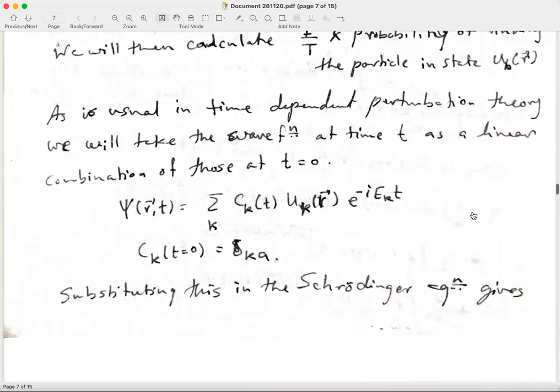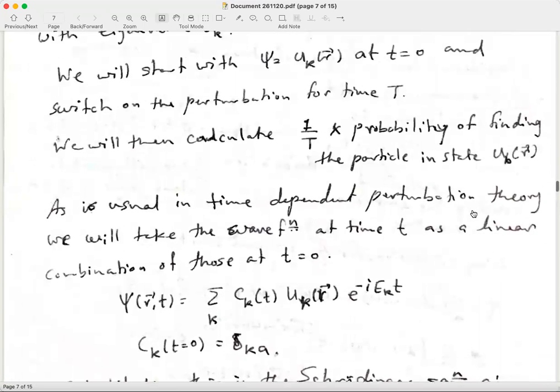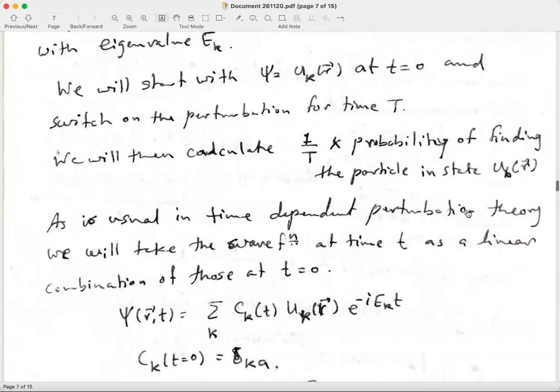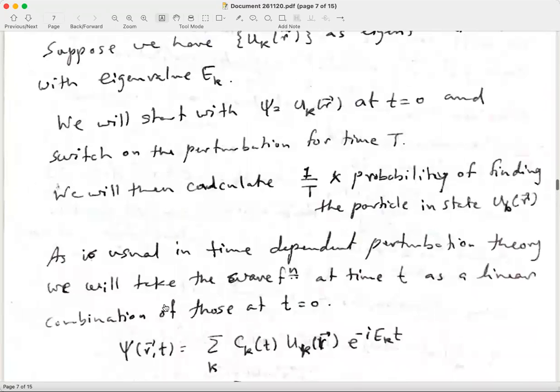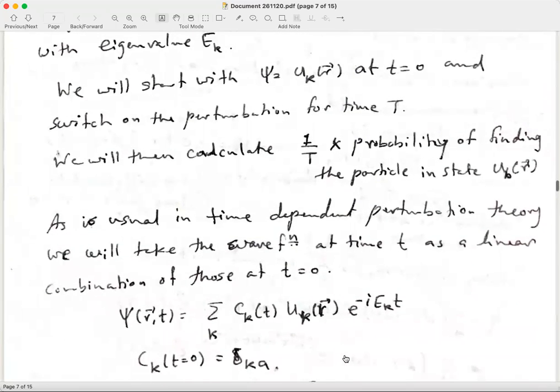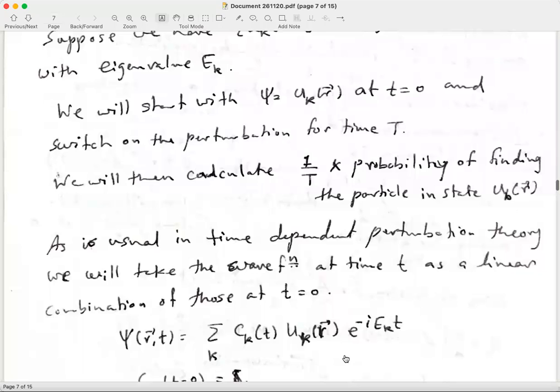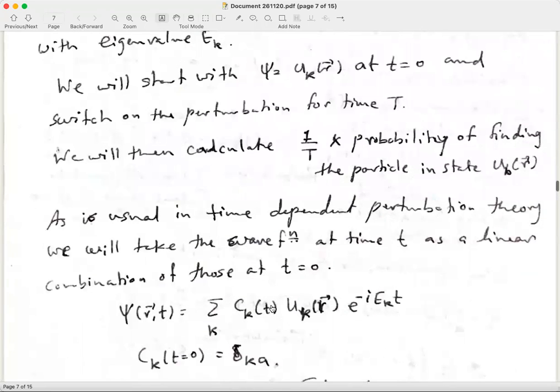Now, what we are doing really here is that we want to write down this wave function as some arbitrary linear combination of the wave functions. That is how we normally do time dependent perturbation theory. But if you want to start with one specific wave function, then all one is saying is that at time t equals 0, this c_k is non-zero only for a particular value of k.